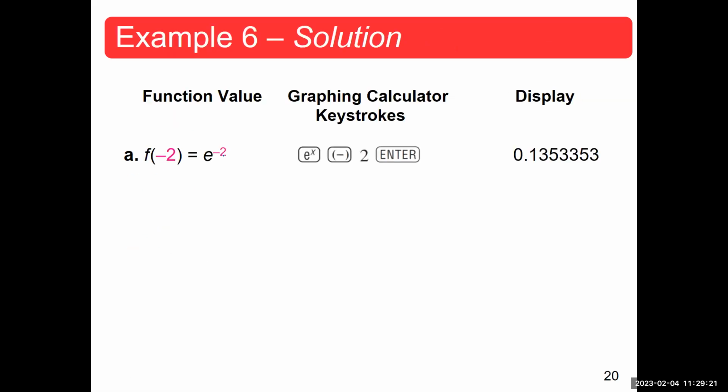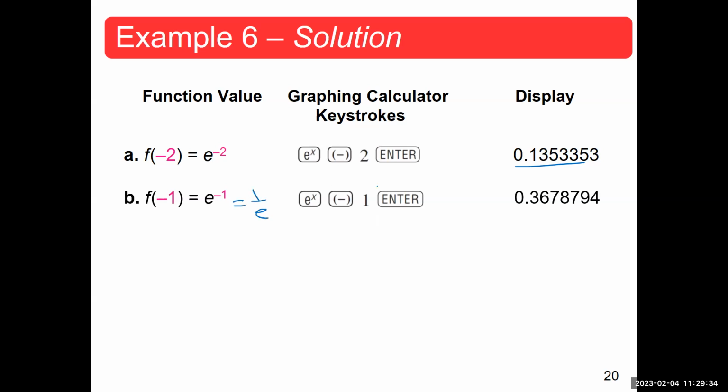If you say e to power negative 2, remember, if your power is negative, your answer is less than 1. Same thing, e to power negative 1 is normally 1 over e. In the calculator you get 0.36.